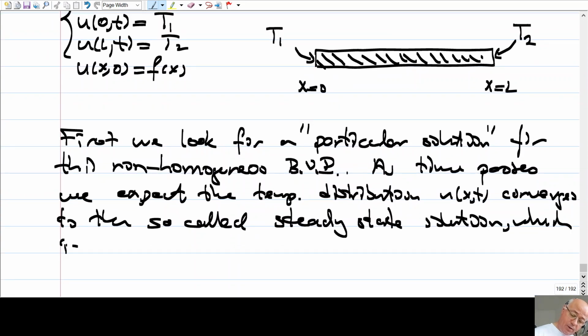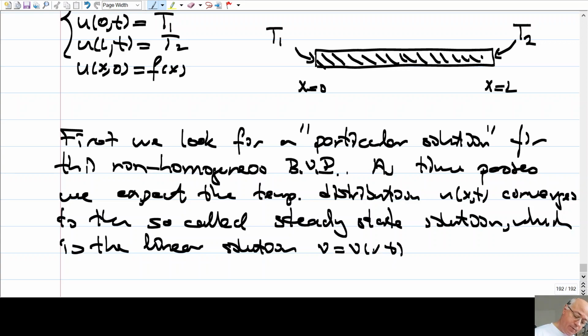which is the linear solution v(x,t). Actually v(x,t), but we will see that this is a function of x only, because as time passes, this solution becomes a constant function of t, right?